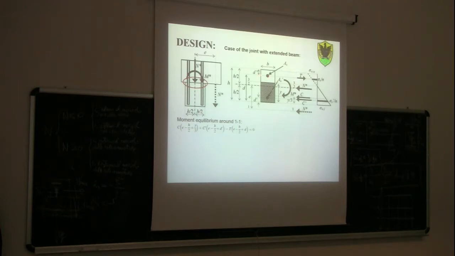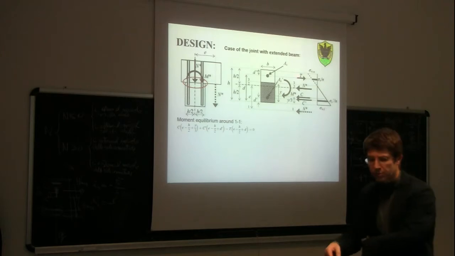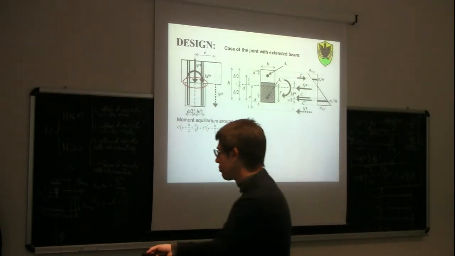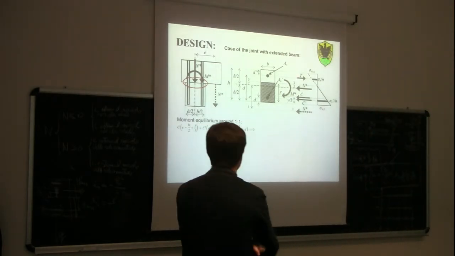Since it is a tensile force, we need to multiply the tensile force T by the distance from 1-1, which is d plus e minus h divided by 2, with the sign minus because it is on the other side. This one is clockwise, while the two forces before were producing an anti-clockwise moment. So this is the equilibrium equation.